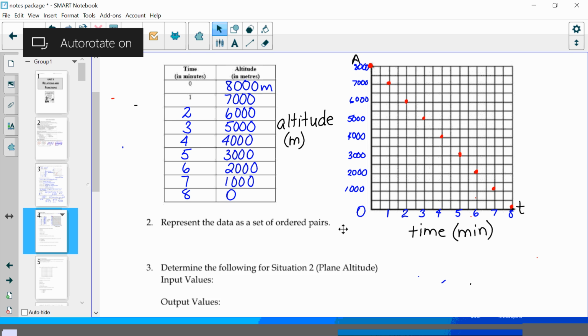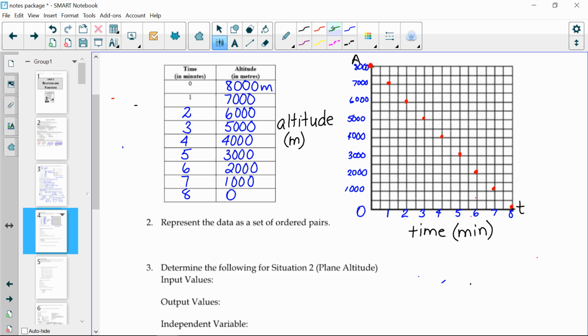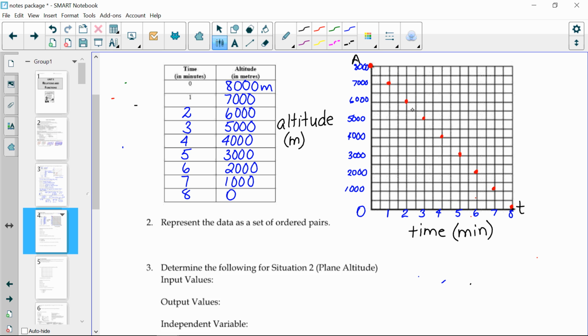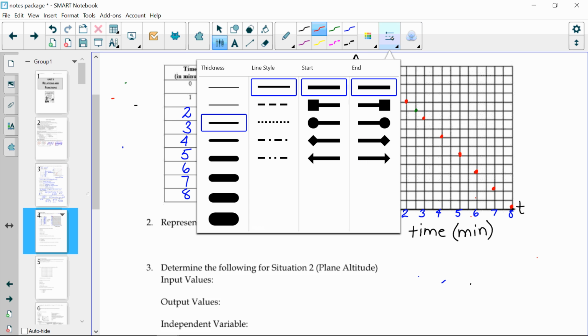So, could the plane be at, for example, and I'm going to use green, this particular height right there? Yeah, it can. So in this case, we definitely want to join our points.